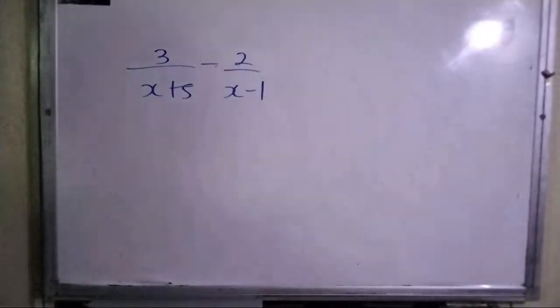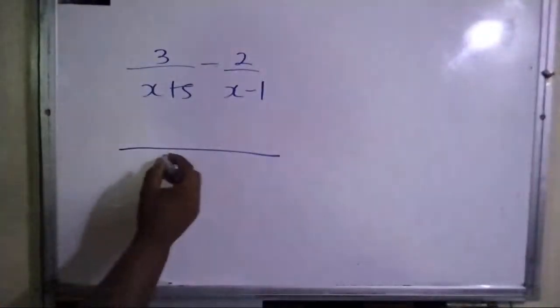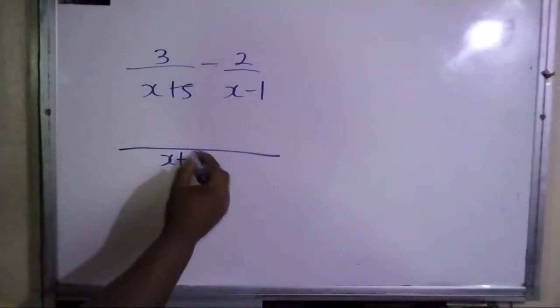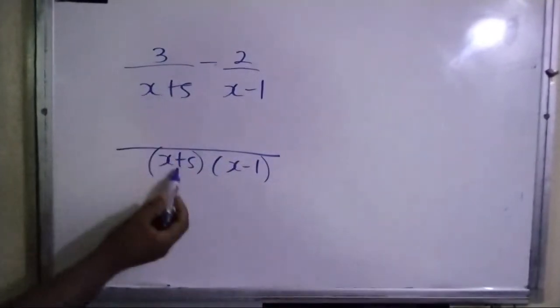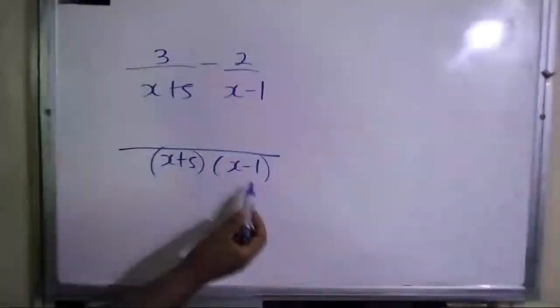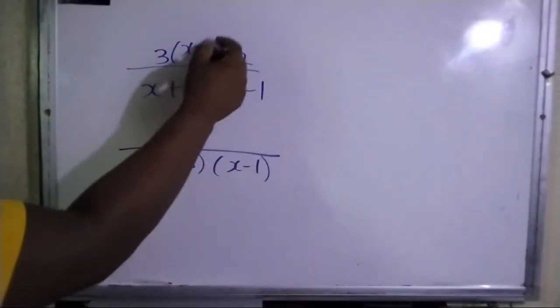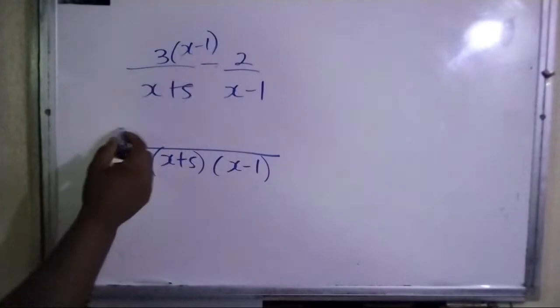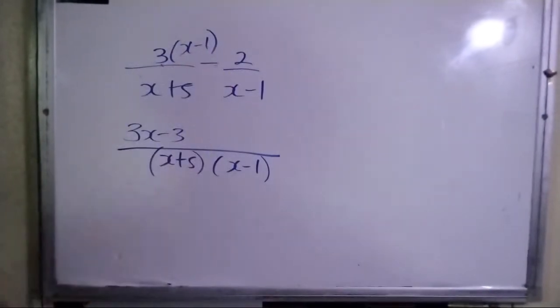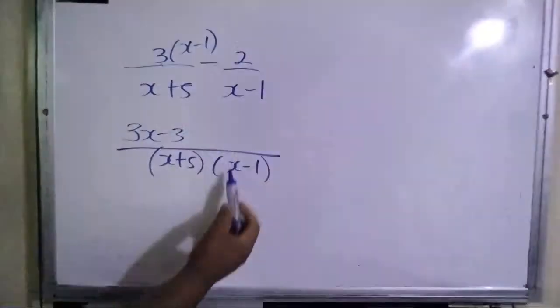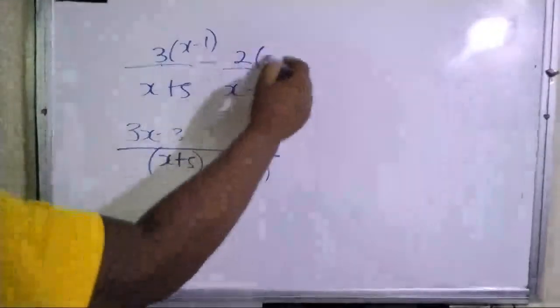Simple, right? All we do is find our LCM, which would be the product, x minus 1 and x plus 5. So we divide this into all of this. It's going to leave x minus 1. We expand our bracket, 3 times x, 3x, 3 times -1, -3. And then same thing, this into this, leaves x plus 5.